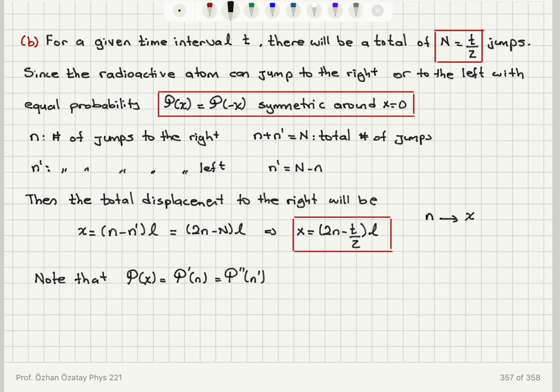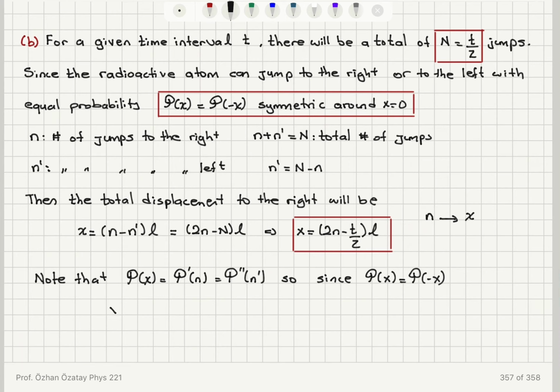So given an n value, we have a corresponding x value. We will find that we have a probability distribution function that is an even function, probability of x is equal to probability of minus x.